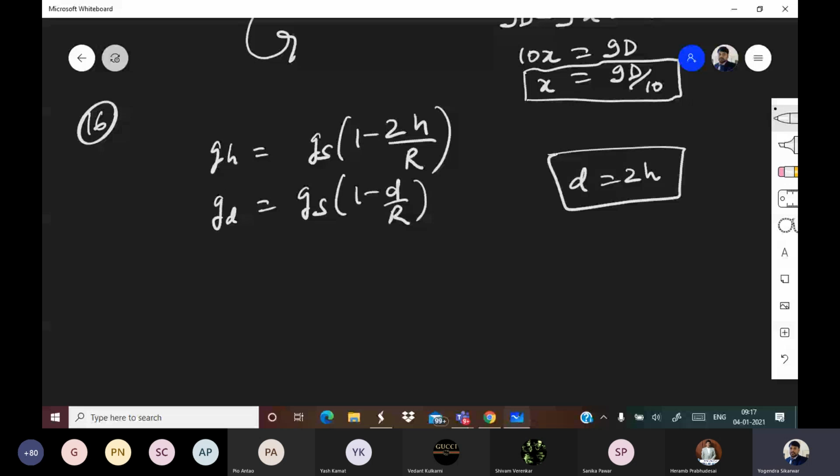And d here is given as x. So x is equal to 2h. This is the answer.